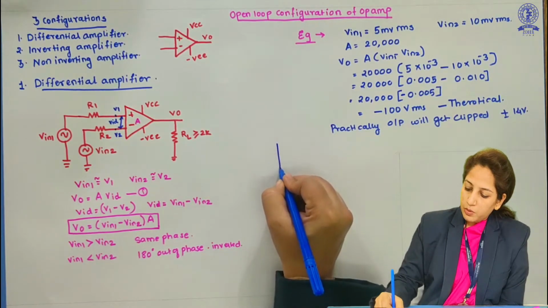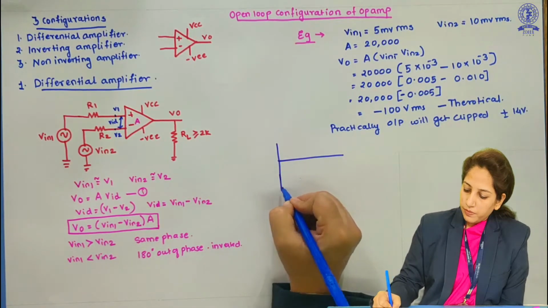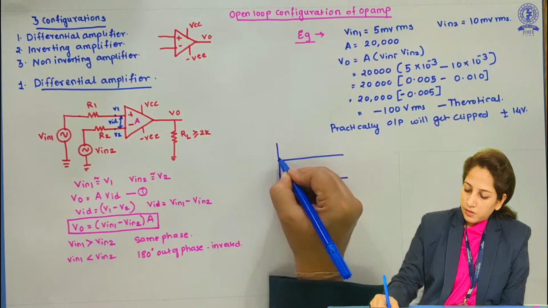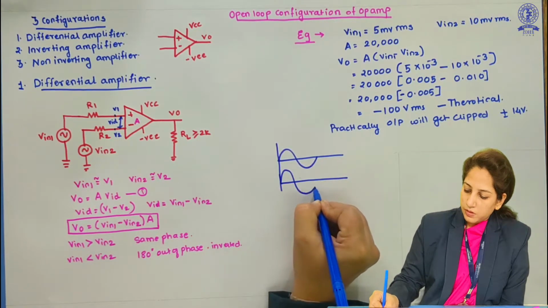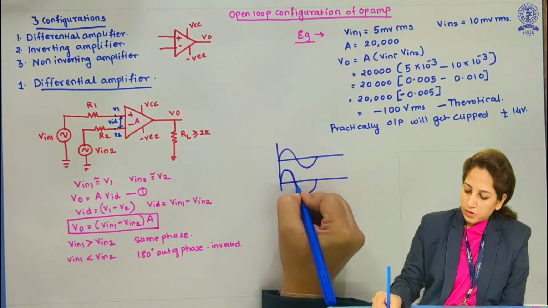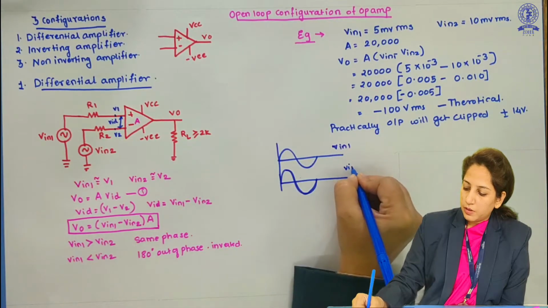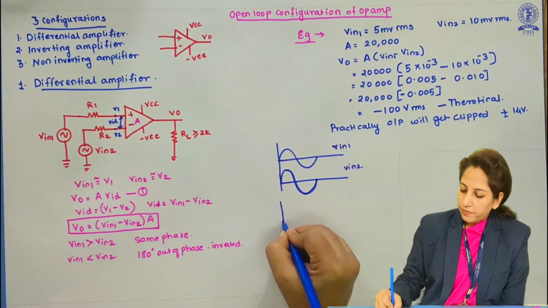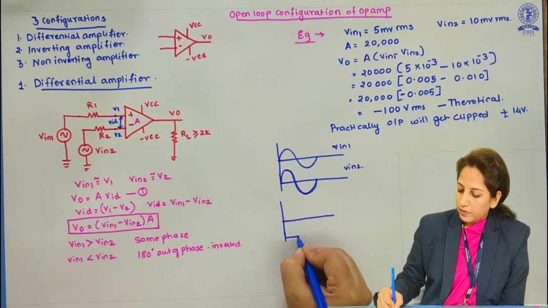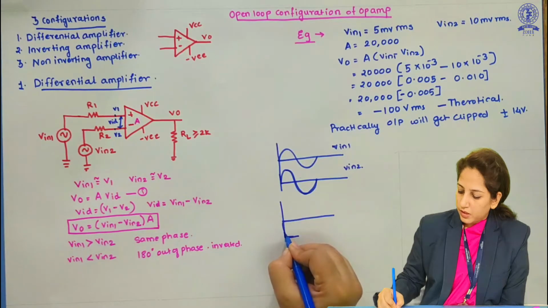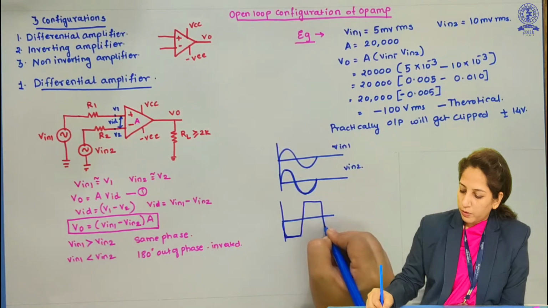So for example, suppose this is my input voltage, this was Vin1 and Vin2. My output will be negative, so it will be inverted and clipped off in this way. So the output will be almost a square wave.